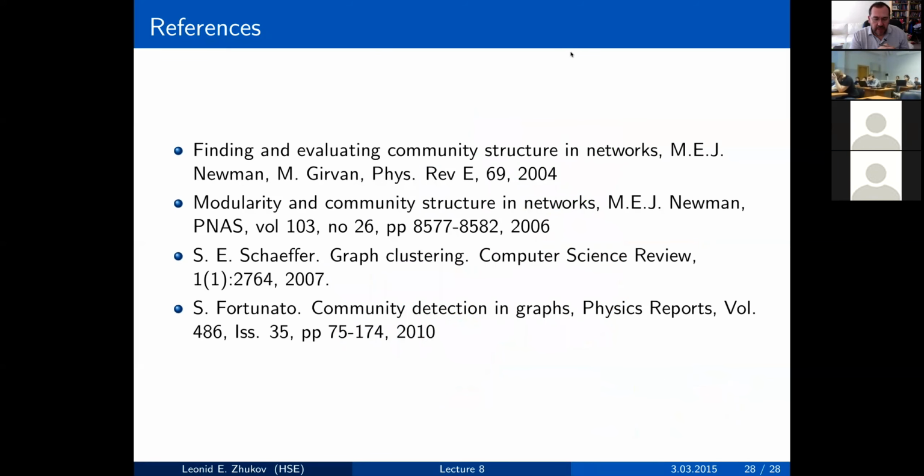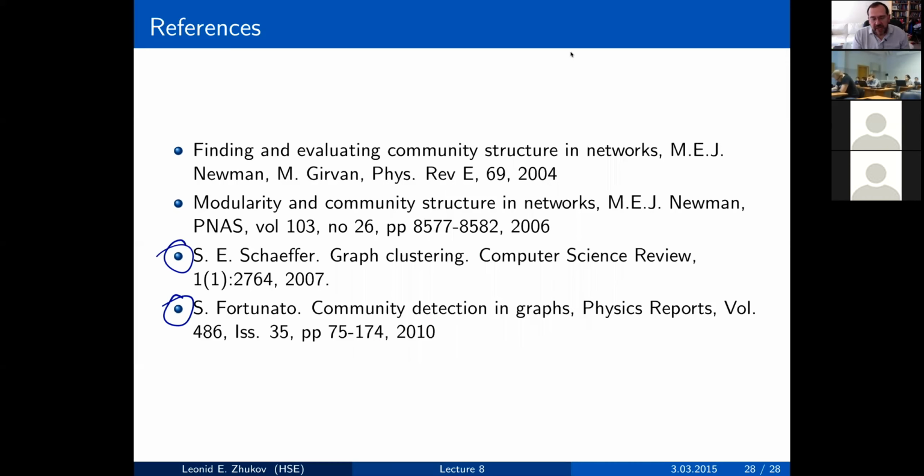If you're interested in this topic, I strongly recommend you look at this review, Community Detection in Graphs, and there is another review, Graph Clustering. As we've seen many, many times in this course, because people come from different backgrounds, quite often they use different terminology to define the same thing.